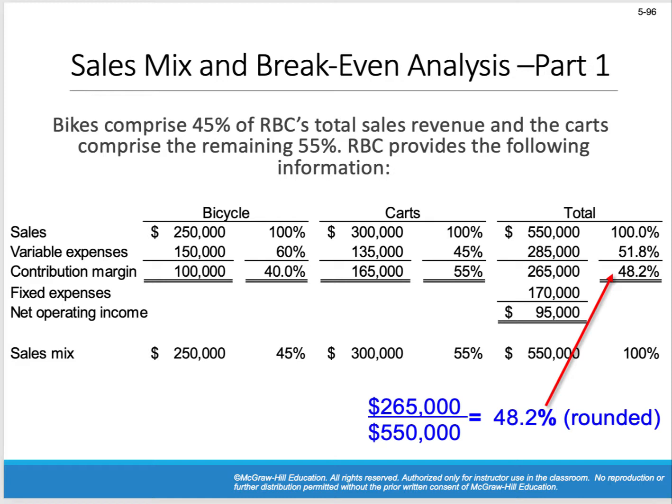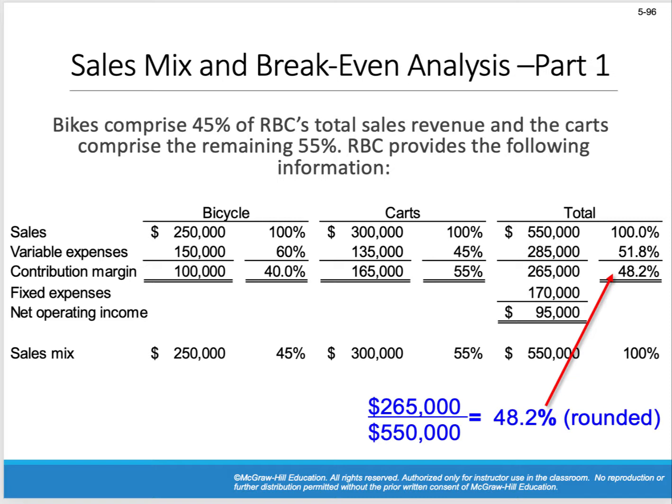Okay, and basically to figure out the total, we work from our total column. The total sales from bikes and carts is $550,000, right? The total contribution margin between bikes and carts is $265,000.